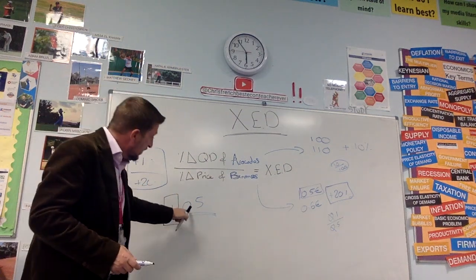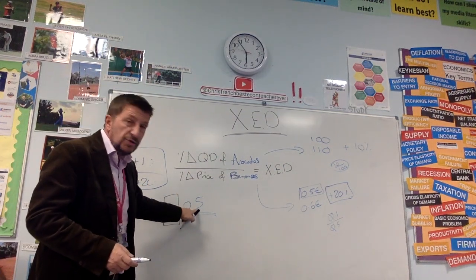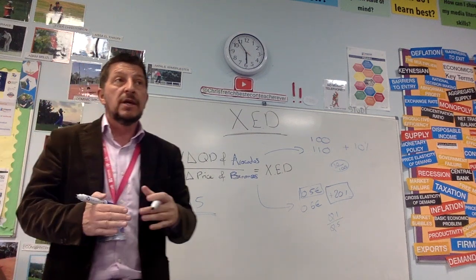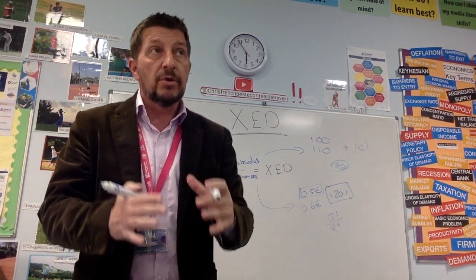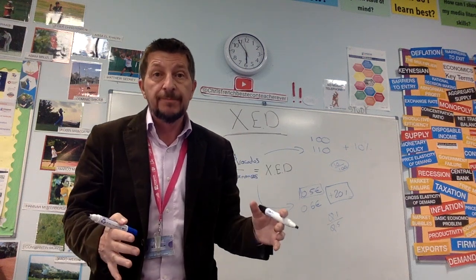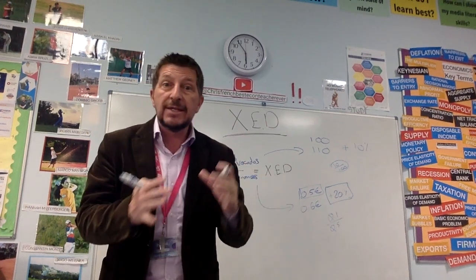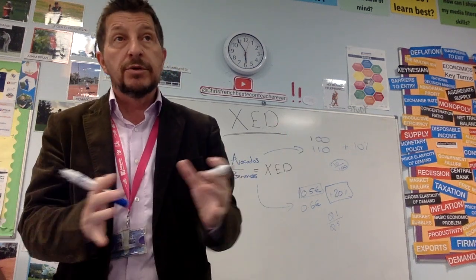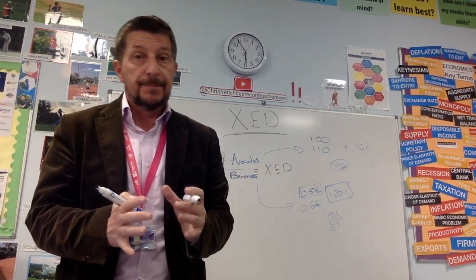Now, the number itself doesn't really tell us very much. It tells us how closely those two products are related. The higher the number, the more related they are, the closer the substitute or the closer the complementary good.